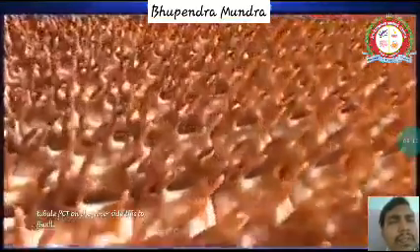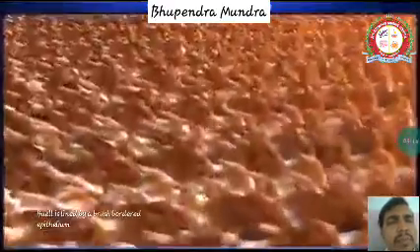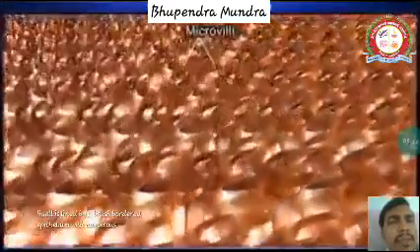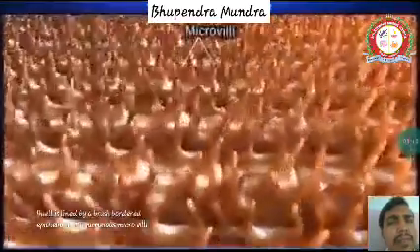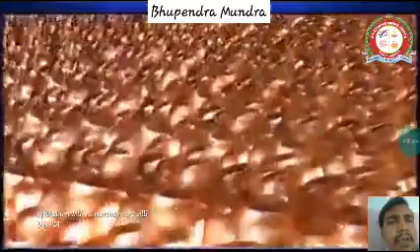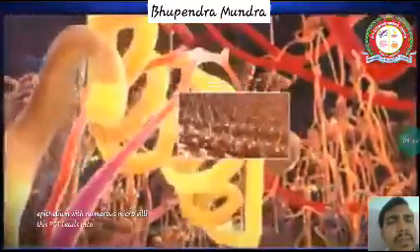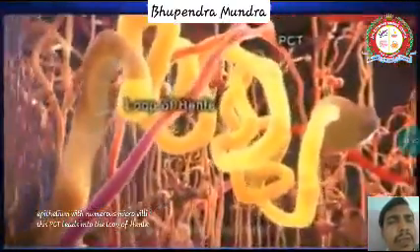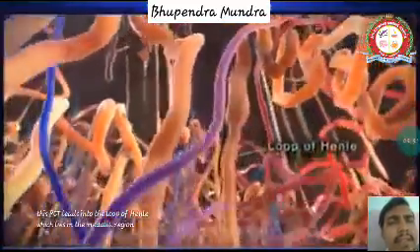On the inner side, it is lined with a brush-bordered epithelium with numerous microvilli. This PCT leads into the loop of Henle, which lies in the medulla region.